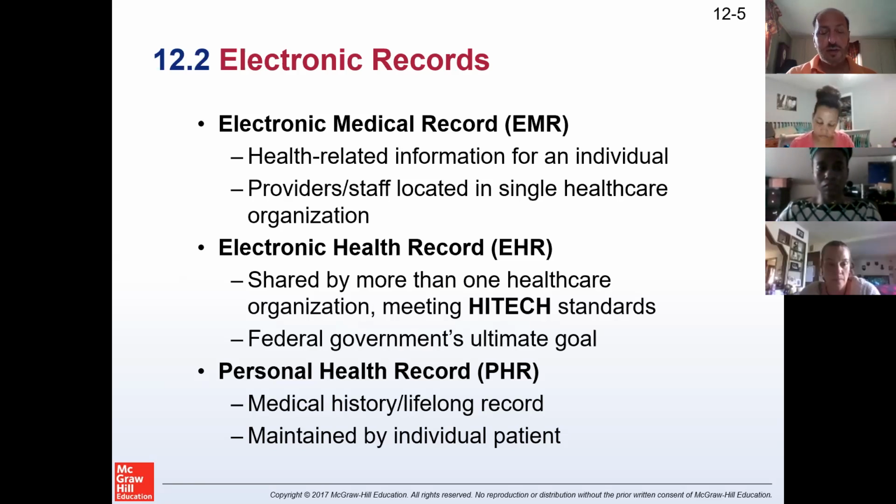You can look at disease processes like cancer, heart failure, COPD, chronic obstructive pulmonary disease, and look at those patients over time and see, are we truly making medical progress? So one of the big benefits of the electronic health record is that we can now share between more and more facilities.